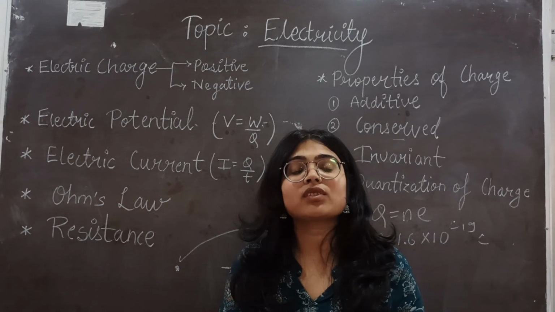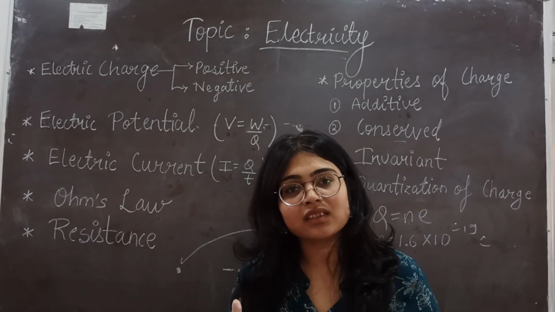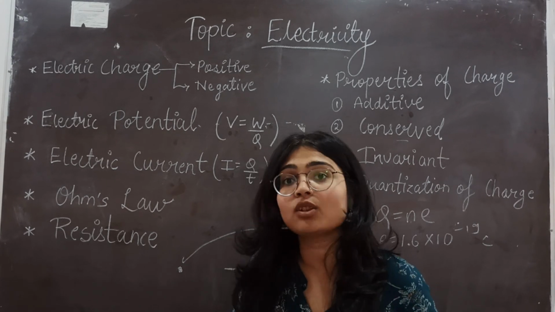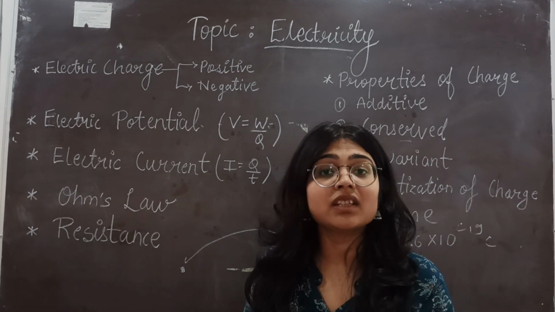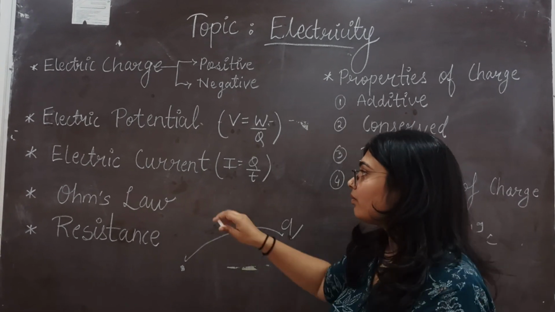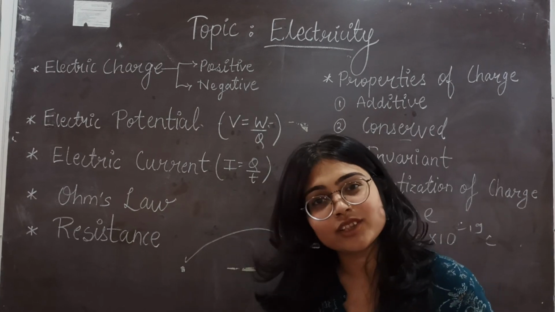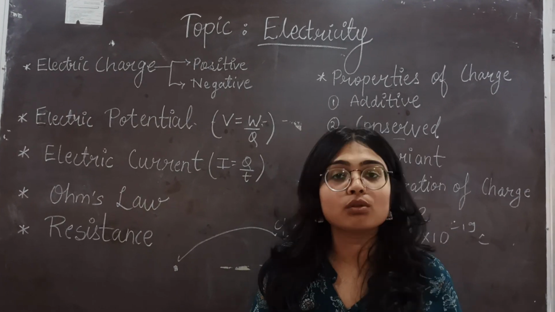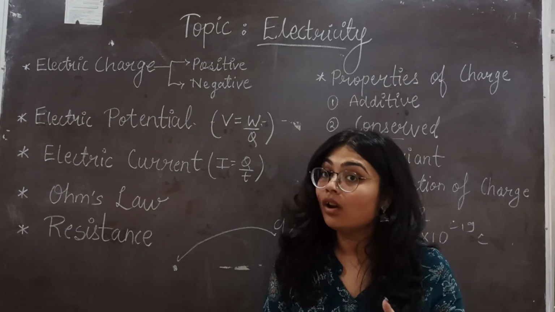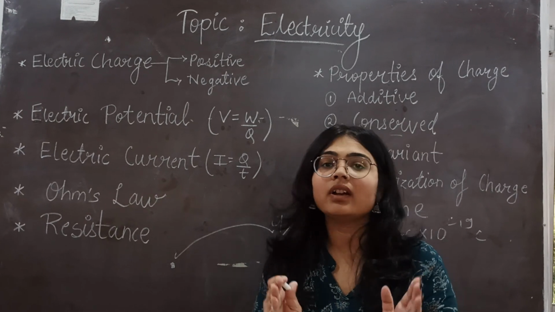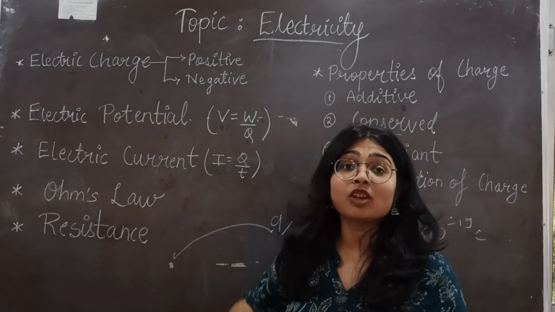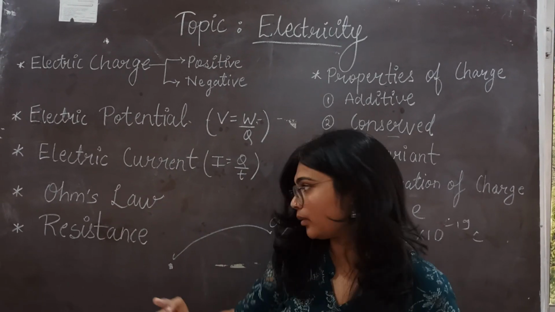So when 1 coulomb of charge flows in 1 second, 1 ampere of current is produced. So we have learned about electric current also, and the instrument that is used is called an ammeter. We measure current through an ammeter. We measure electric potential through a voltmeter.